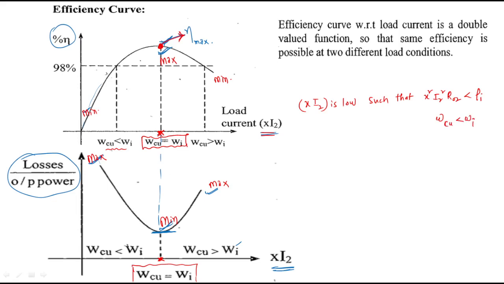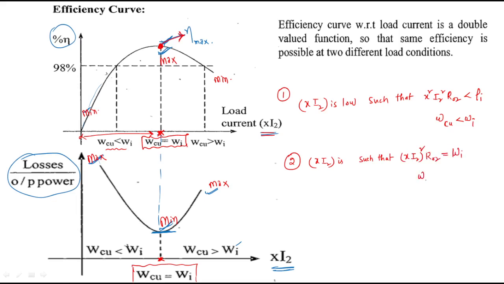That's why this is the case. From here to here, we get this condition. This is the first one. Second one, xI2 is such that xI2 whole square R02 should be equal to Wi.